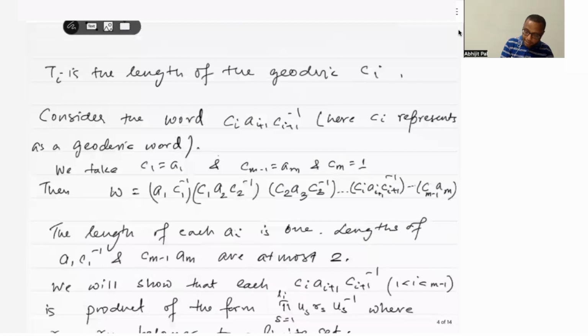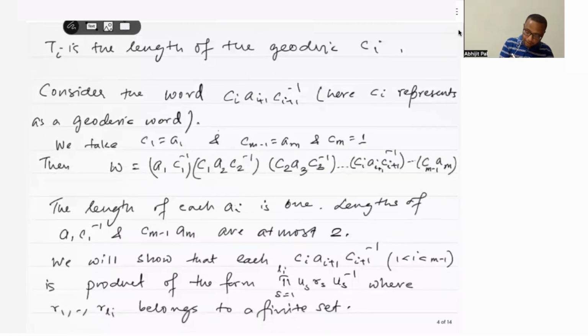So Ci Ai plus 1, Ci plus 1 inverse will represent a loop in the Cayley graph. And also take C1 to be equal to A1, Cm minus 1 to be equal to Am, and Cm to be equal to 1.